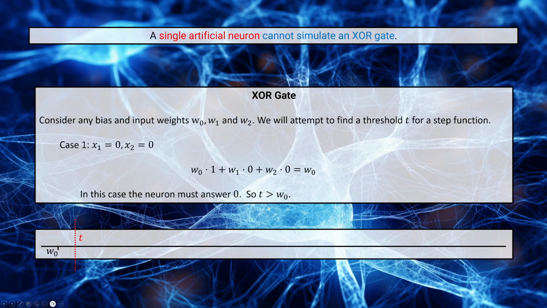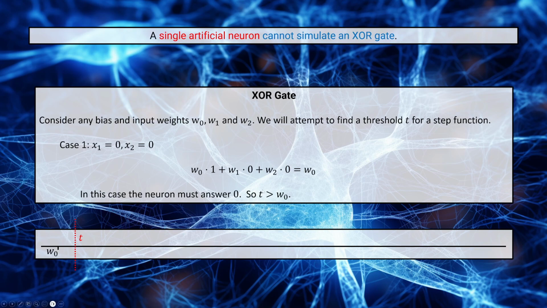Now, what we're computing here is the value of the sum, the weighted sum after our inputs come in. It's W0. And what we need to determine, we're trying to pick a threshold, and so we want to know, in this case, 0, 0, what are we supposed to output? Well, for exclusive OR, if they're both 0, we're supposed to output 0. So in this case, the neuron is supposed to answer 0.